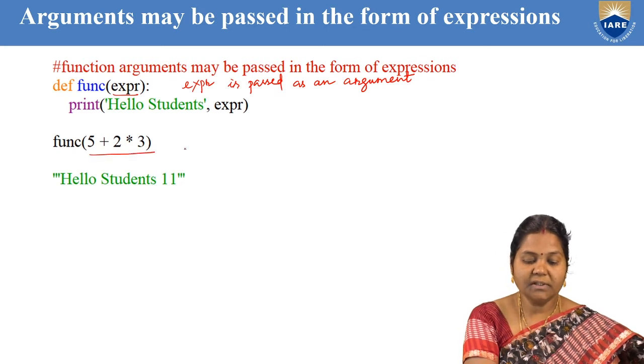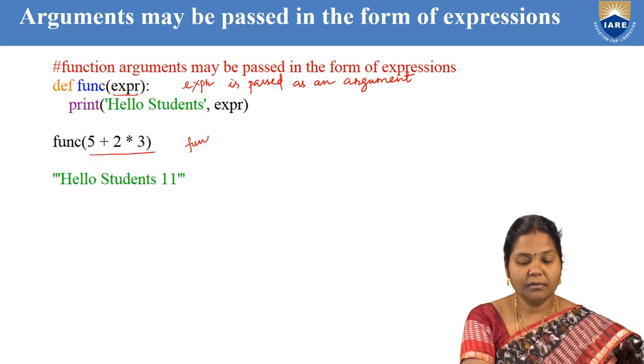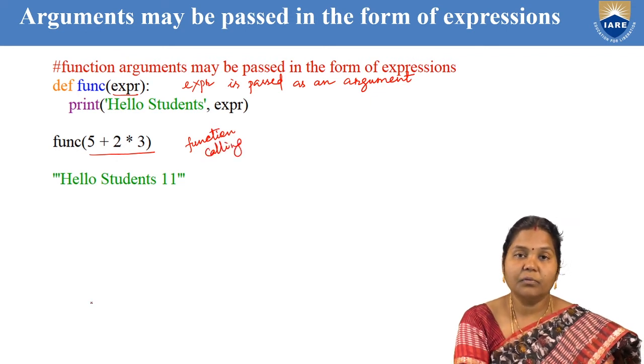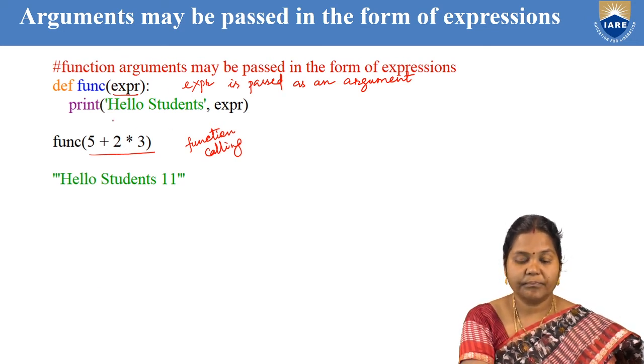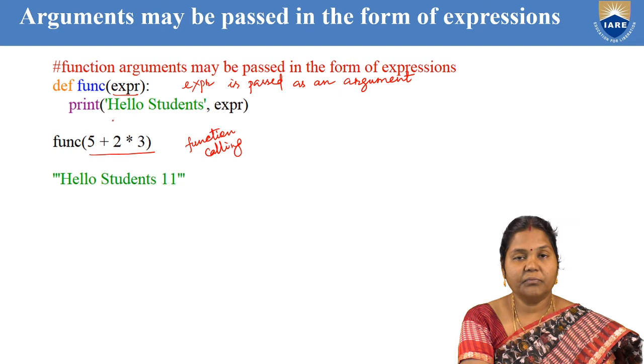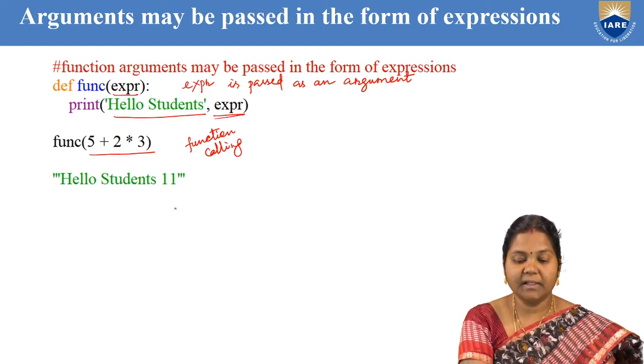While invoking the function, while calling the function, I am passing one expression. That expression is a mathematical expression, 5 plus 2 into 3. Now, in the function body, I am printing a statement, hello students, followed by that expression.